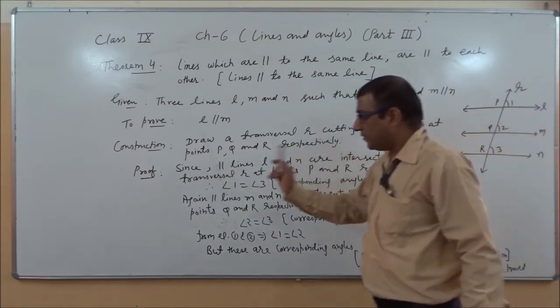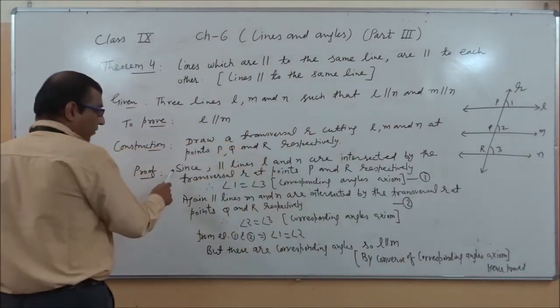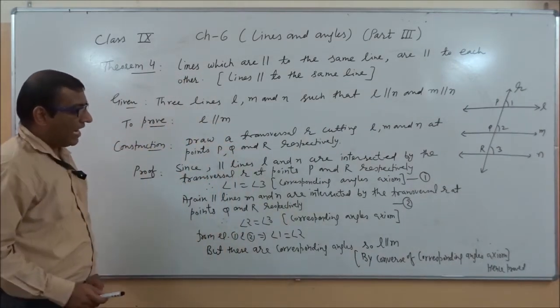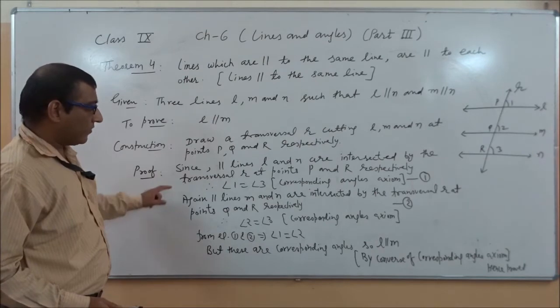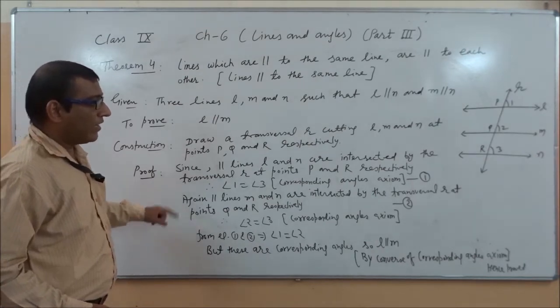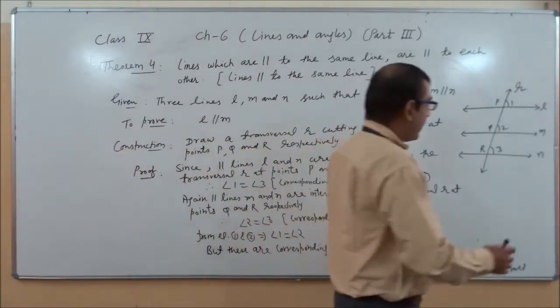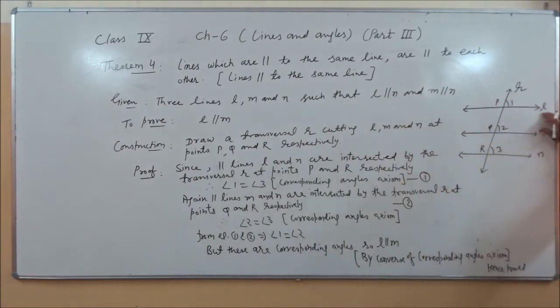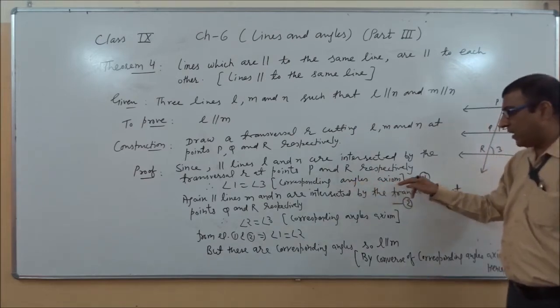So how can we say that line L is parallel to line M? We will continue with the proof. Since parallel lines L and N are intersected by the transversal r at points P and R respectively. As you see in this diagram, we are saying that L is parallel to N, so this transversal line r intersects these two lines L and N at point P and point R. So we can say angle 1 and angle 3 are both equal due to corresponding angles axiom.